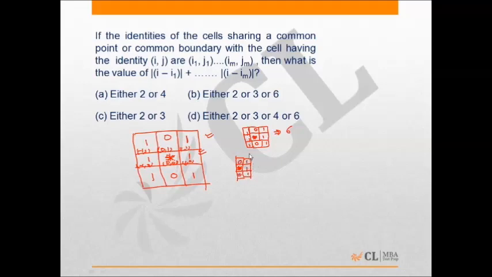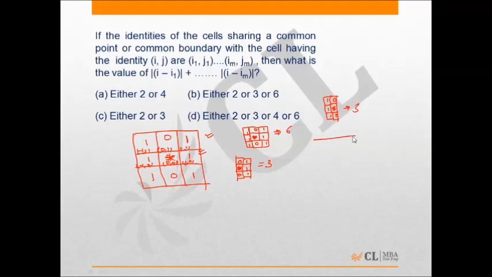Then the value of mod of i minus i1 and so on will be equal to 1 plus 1 plus 1, which is nothing but 3. Another case will be if, let's say, the centralmost cell is this one, then we'll have these 5 cells adjacent to it. The values are again 0, 1, 1, 1 and 0, which is again 3, right?